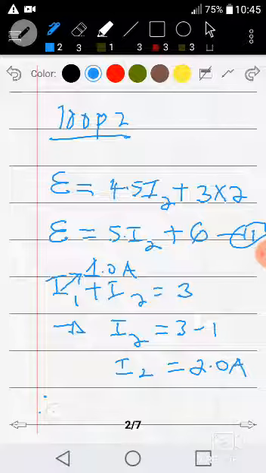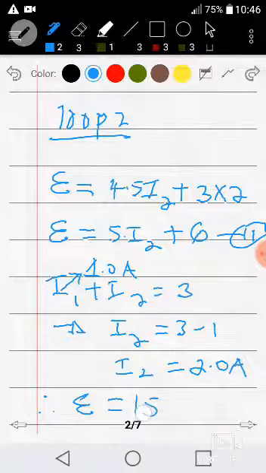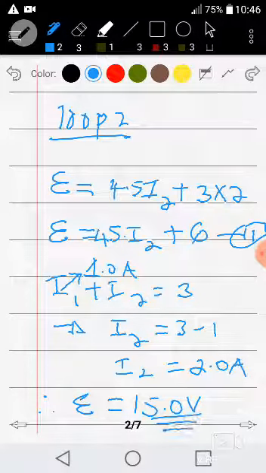And therefore, when you substitute I2 in equation 2, epsilon should be equal to 15.0 volts. Oh, but here it was 4.5. Please correct that. We will have epsilon as 15 volts.